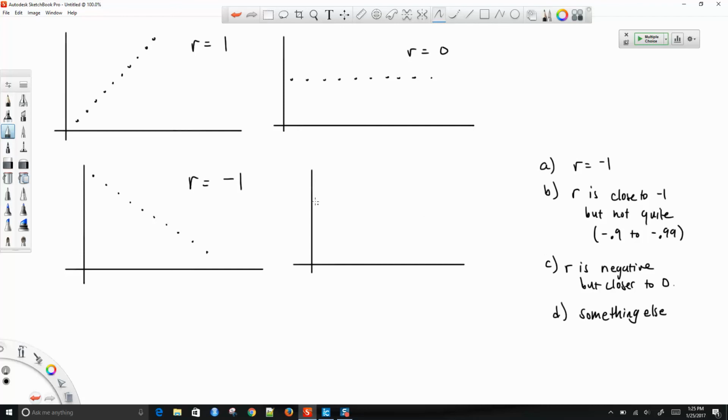And so here, the line looks like this. They're supposed to be in a straight line, but the slope is shallow.